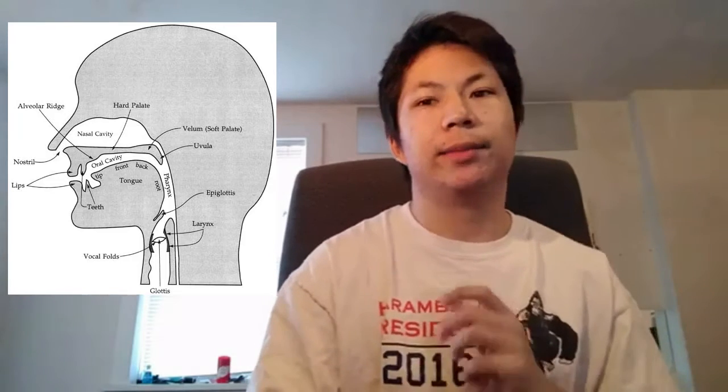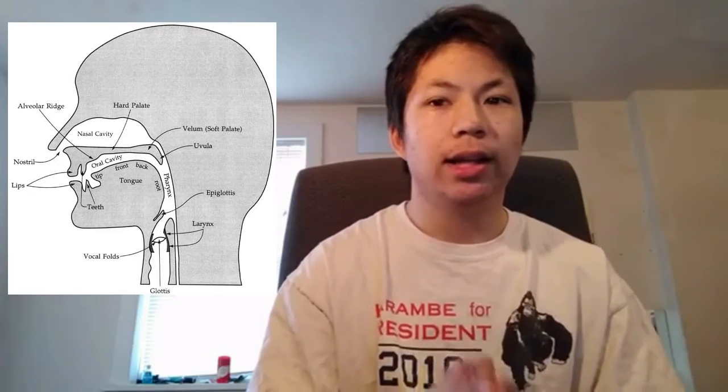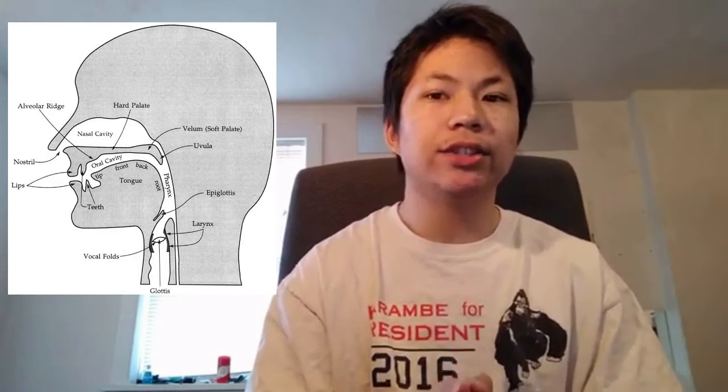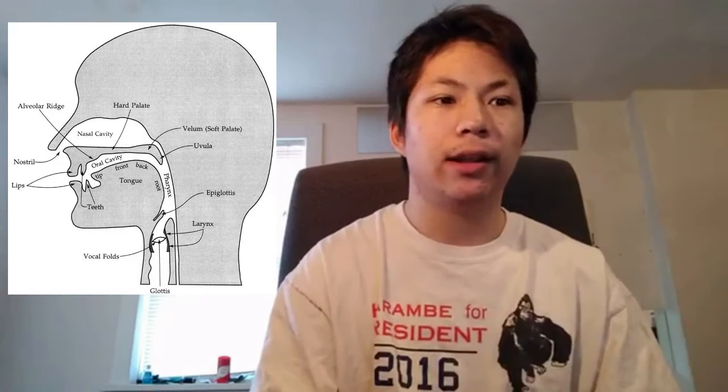So the places of articulation can be split up into nine separate places. You've got bilabial, labiodental, interdental or dental, alveolar, palatal, velar, pharyngeal, but you don't need to worry about that, and glottal. Bilabial is when you use both lips, like in p or b.